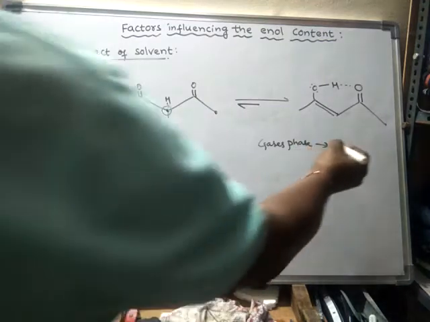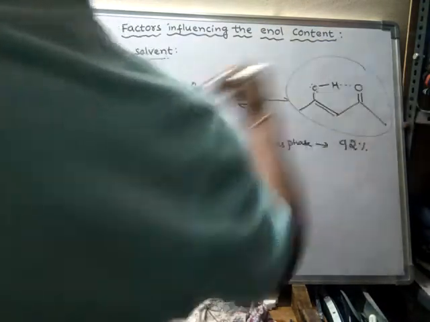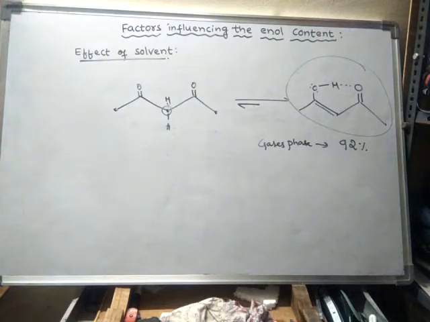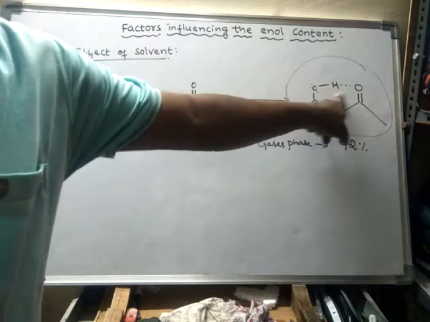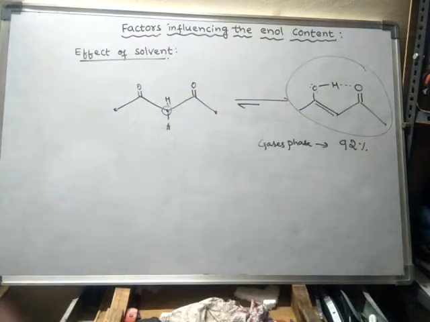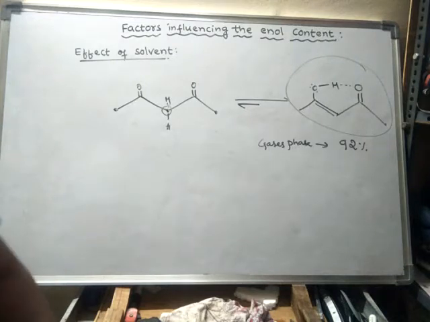See, 92% of the substance will be in this form only, because it has intramolecular hydrogen bonding. It will try to get separated from the solvent.